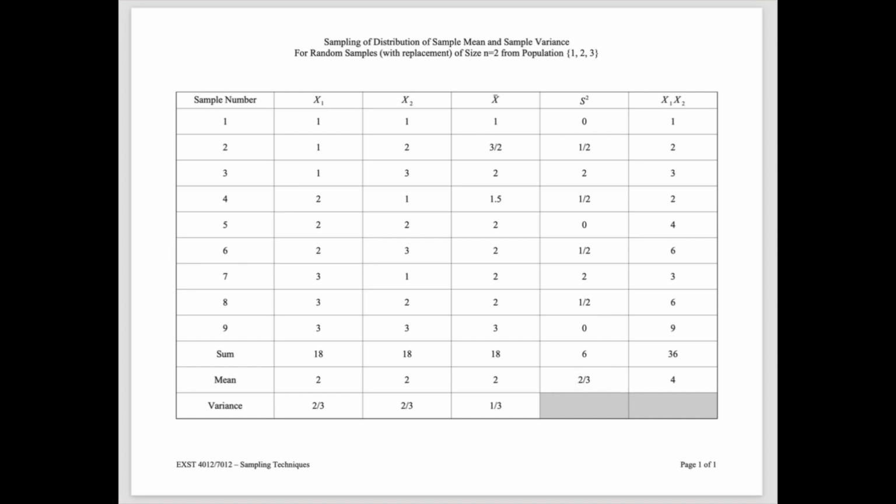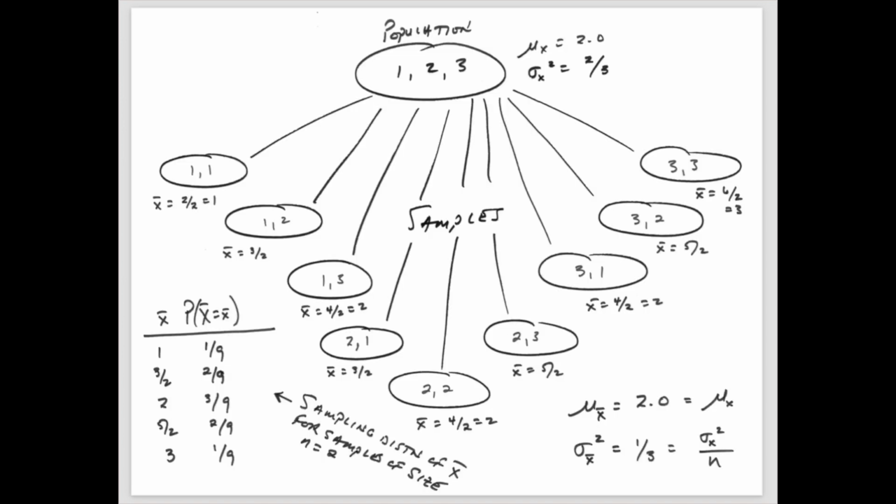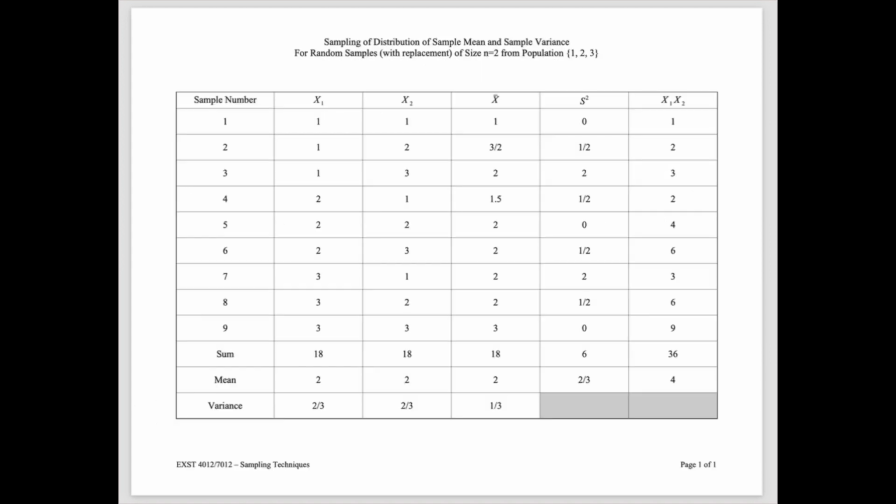Remember that 2/3 is the value for the population variance. And so what this shows is that the expected value of S squared is equal to the population variance.